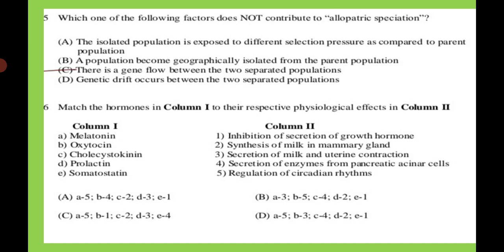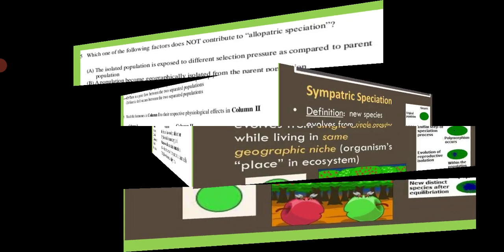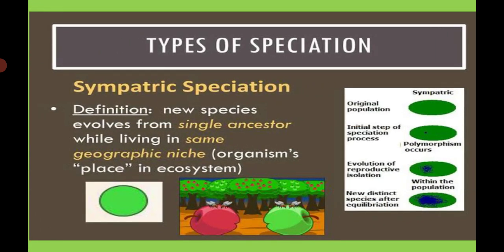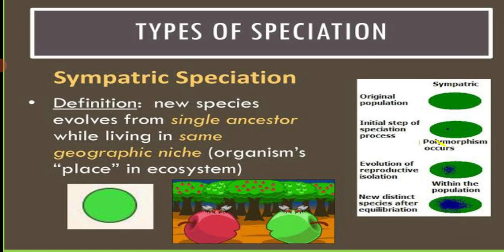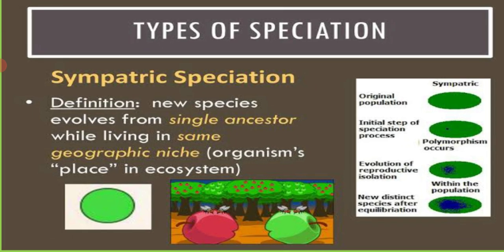In sympatric speciation, groups from the same ancestral population evolve into separate species without any geographical separation. Here in this image, the definition of sympatric speciation is given: a new species evolves from a single ancestral species while living in the same geographical niche.